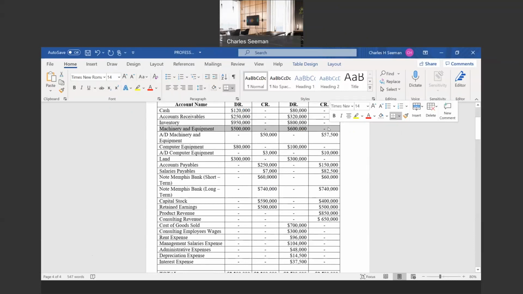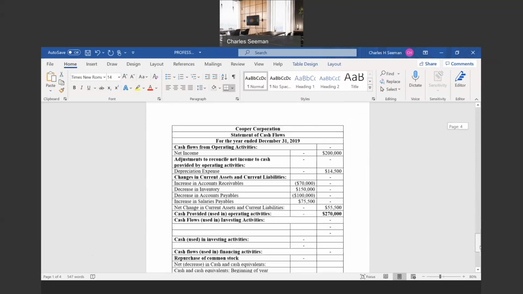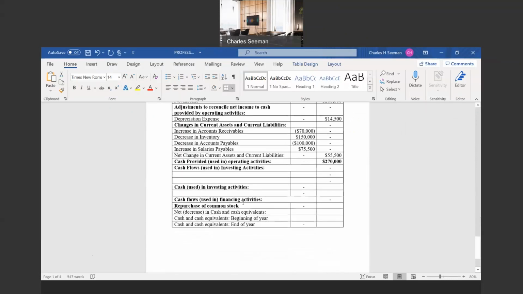That means that we spent $100,000 on equipment, which means that I paid out cash for equipment. So it's the purchase of machinery and equipment. And since I paid it out, that's a use of cash.